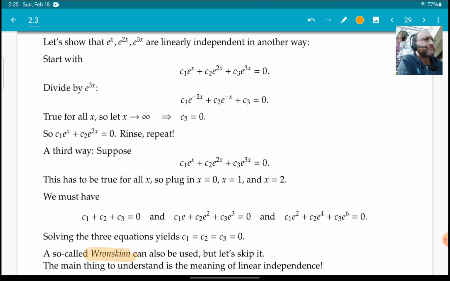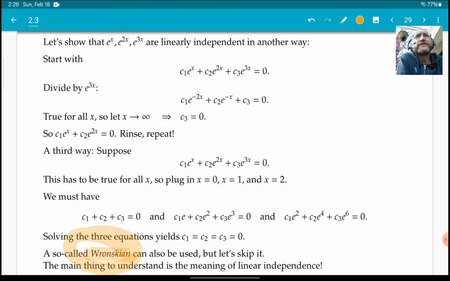So the main point is to understand what it means, right? So don't worry about having some complicated procedure, right? And the thing is that most of the time, when it's coming up, you're getting some functions out of some procedure that you probably know are linearly independent as long as you're doing the procedure correctly.